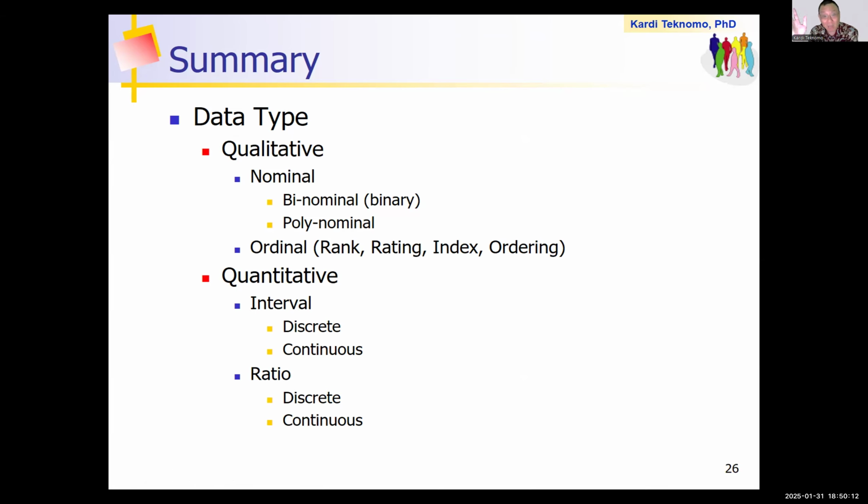But depending on your output, if your output is categorical, nominal or ordinal, that is qualitative, then you need to use a certain type of analysis. But if your output is quantitative, then you can use, for example, regression. So regression analysis requires your output to be quantitative. If your output is qualitative, then you use machine learning.